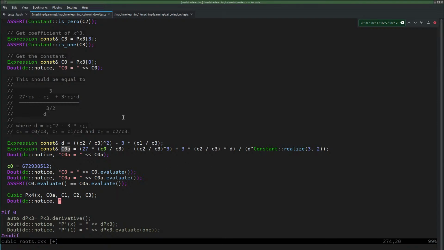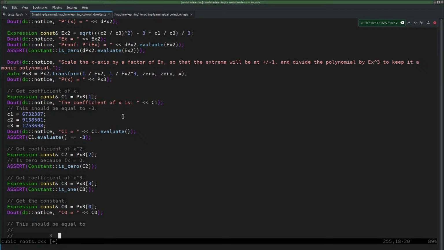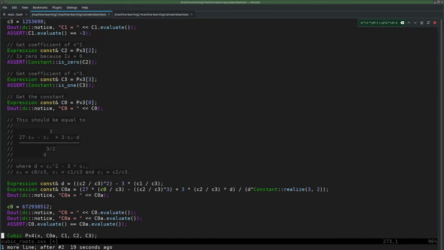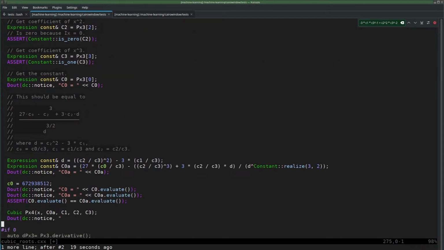Which was printed last time as px, and then I'm still saying that it is that.